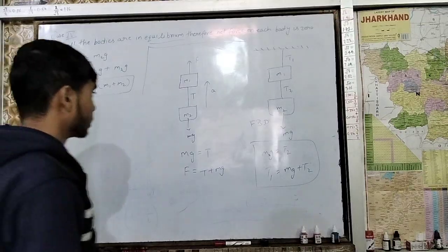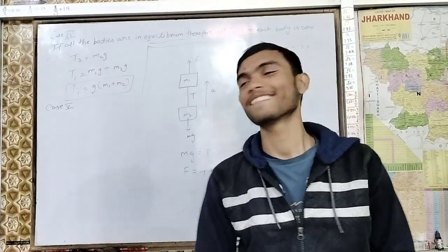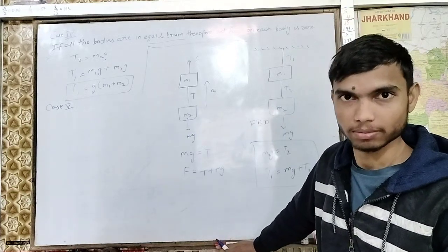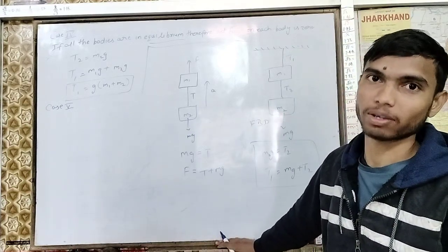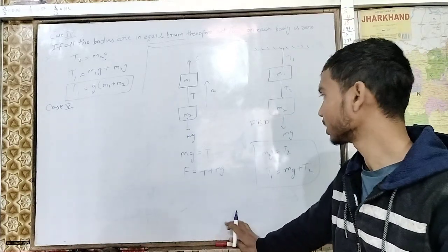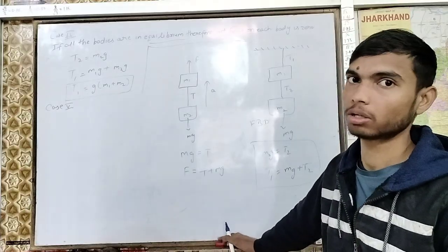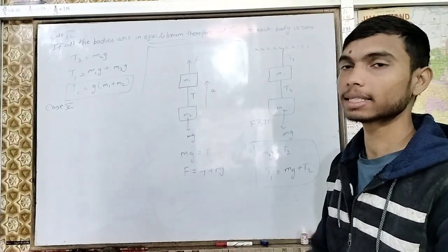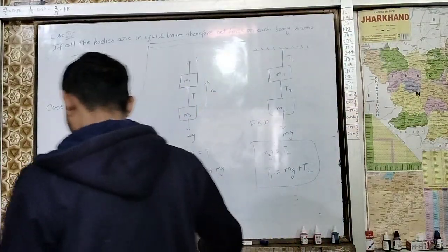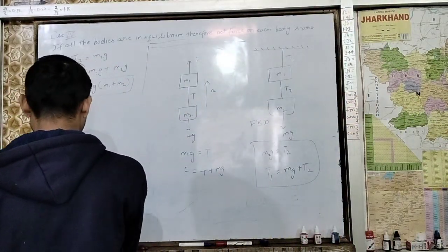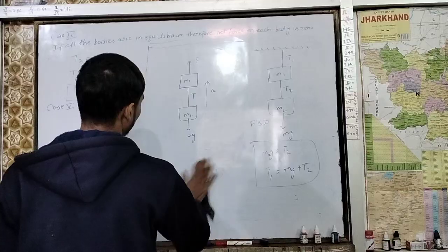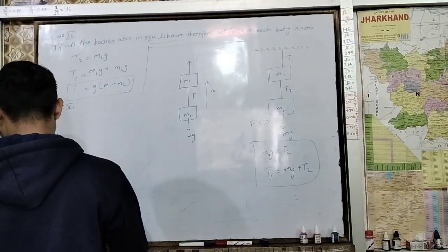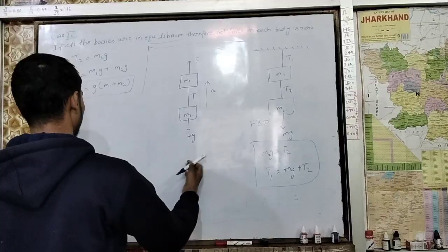What if I say this is wrong? Reason is, now bodies are not in equilibrium. Acceleration is not equal to 0. That's why this equation will not exist for this figure. Reason is there is acceleration. So for acceleration, we have something else.